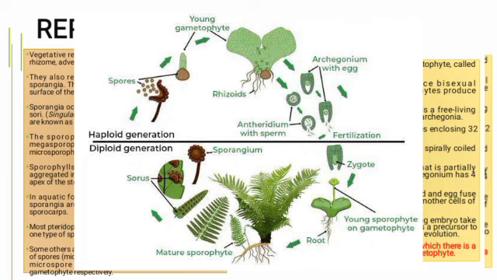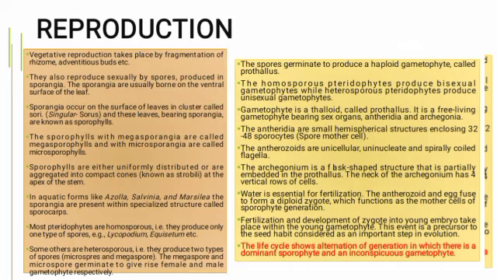The antherozoid and the egg fuse to form a diploid zygote, which functions as the mother cell of the sporophyte generation. Fertilization and development of the zygote into a young embryo take place within the young gametophyte. This event is a precursor to the seed habit, considered an important step in evolution.